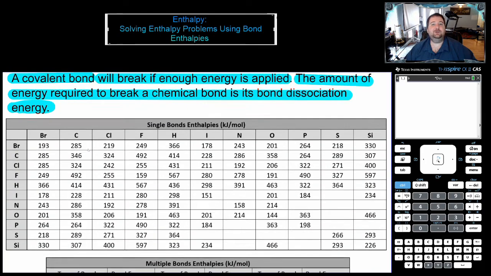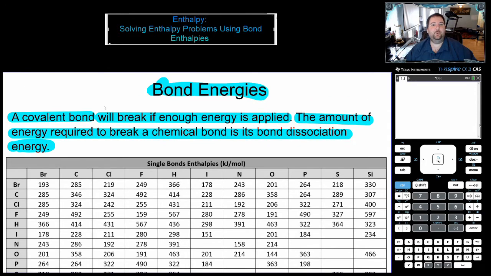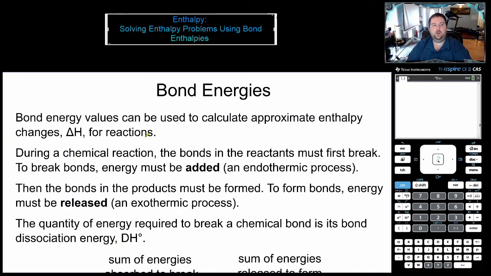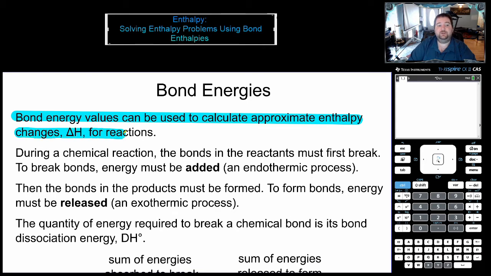Okay, so let's learn a little bit more about bond energies. These values that we're going to be using can be used to calculate the approximate enthalpy change, or our delta H. This is what we were doing in the previous lessons. Now we're just calculating our change in enthalpy in a different way.